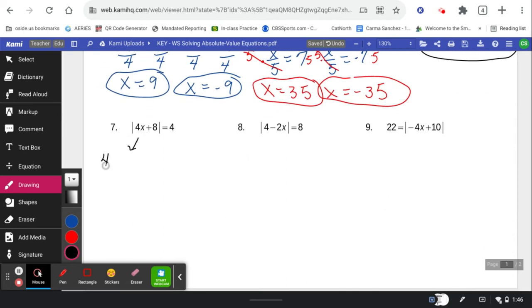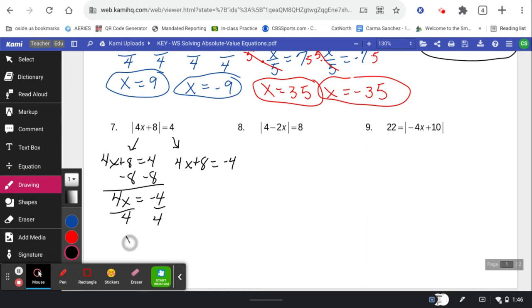All right, 4x plus 8 could equal positive 4, and 4x plus 8 could equal negative 4. We get a first possible answer of negative 1. And then we get negative 3.